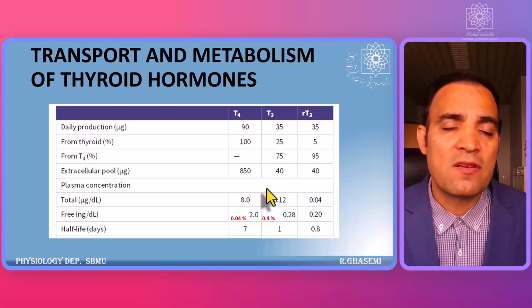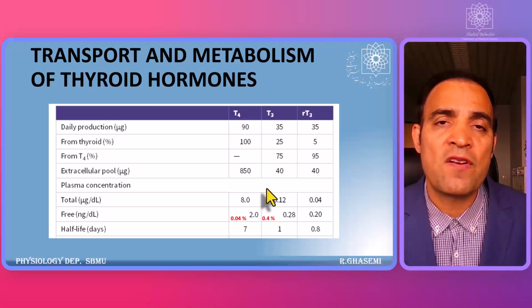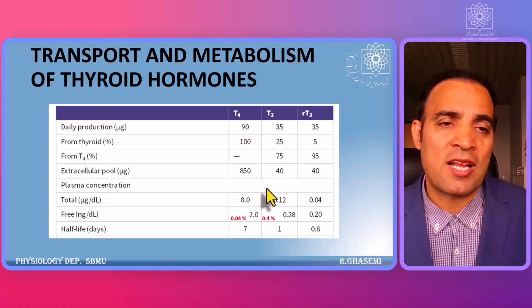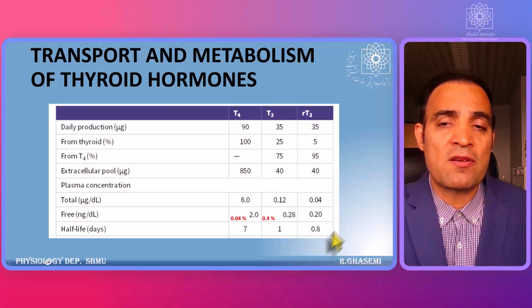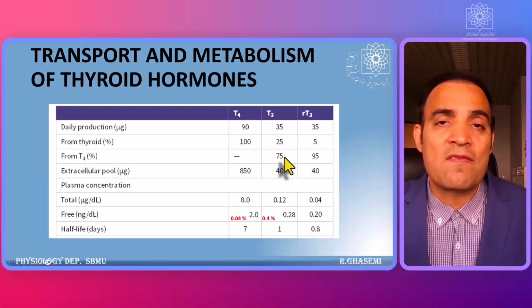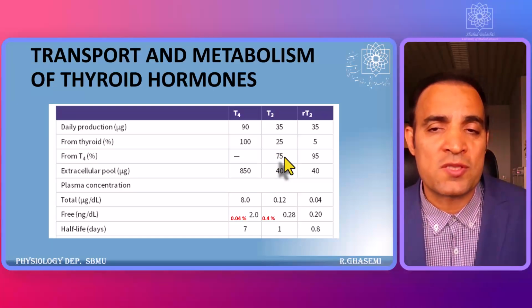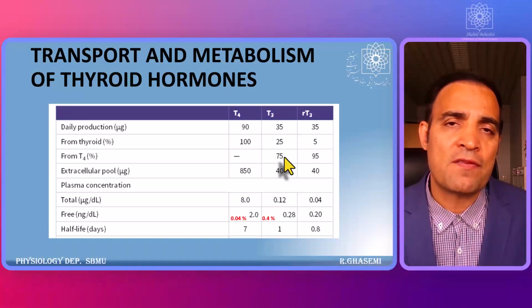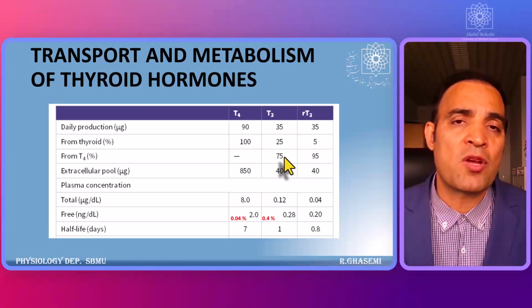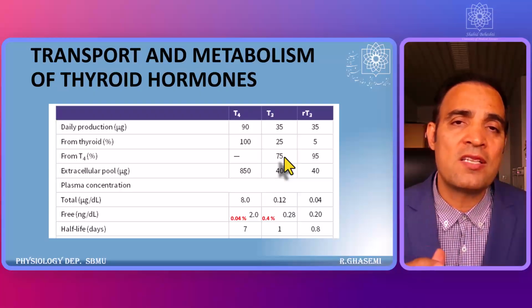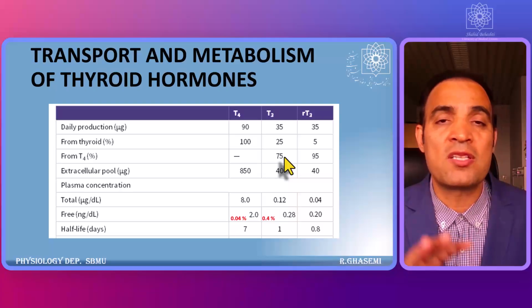But from the 35 microgram of T3 that is formed every day, just 25% is from the thyroid gland. The remaining 75% is formed from T4. The conversion of T4 will produce them. For reverse T3, just 5% is released from the thyroid gland. Another 95% is produced by conversion from T4.